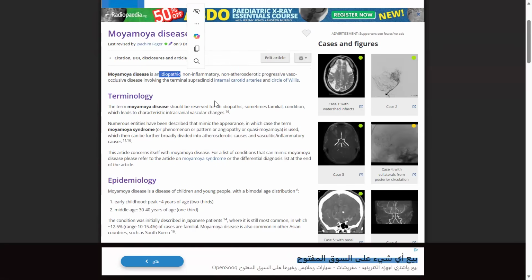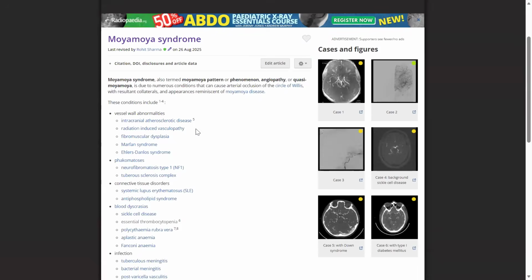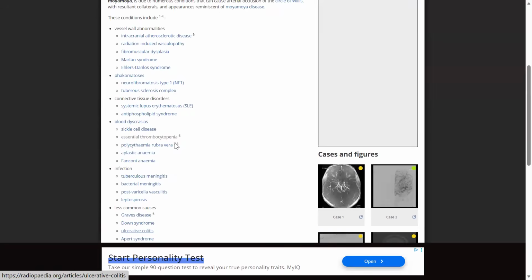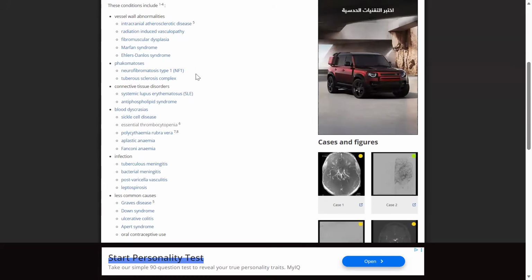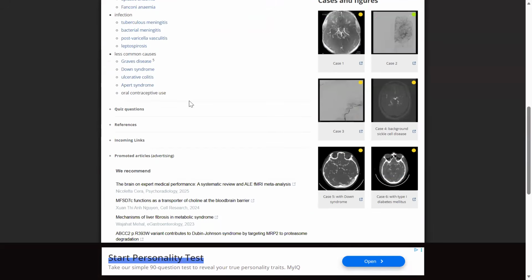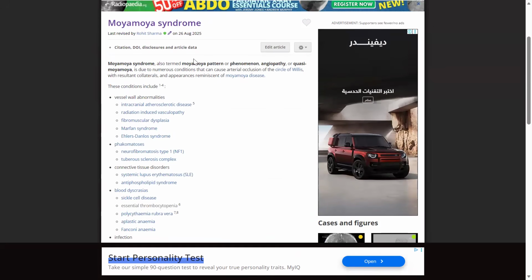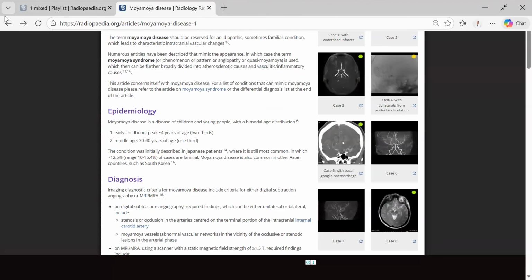Moya-Moya syndrome means there is an underlying cause, like fibromuscular dysplasia, radiation, sickle cell, systemic lupus, whatever. About 20, 30 causes. But I don't know what Moya-Moya phenomena is. Do you mean Moya-Moya syndrome? Yes, I know Moya-Moya syndrome and Moya-Moya disease, but I haven't heard before about Moya-Moya phenomena.